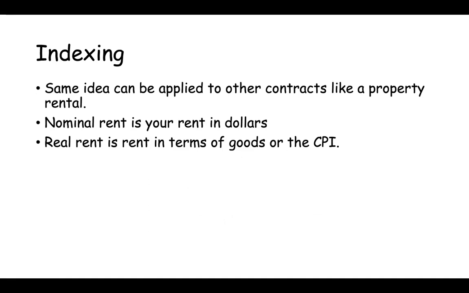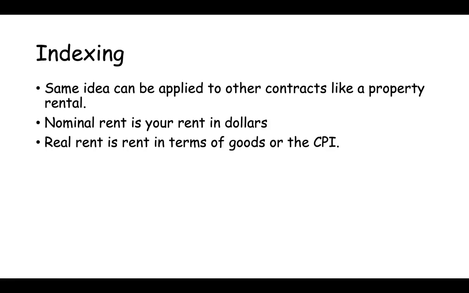Now, this doesn't only happen with wages. Another place where there's indexing has to do with rent. Anybody rents here? If you rent, you know that sometimes the landlord wants to adjust what you pay in terms of inflation. So when inflation was 2%, then the landlord was allowed to increase rent by 2%.